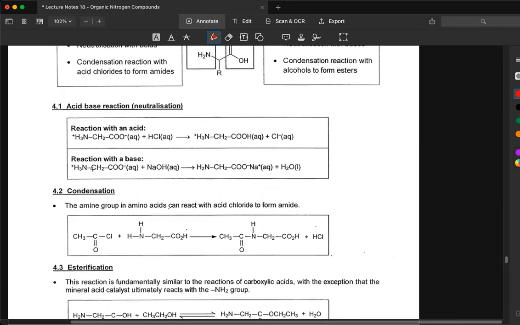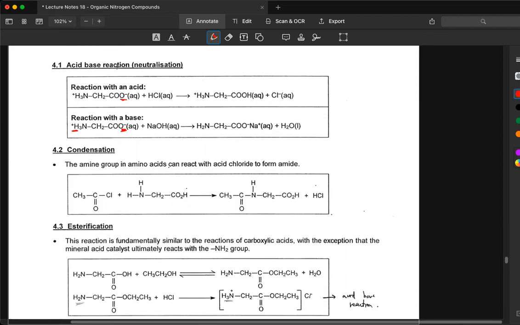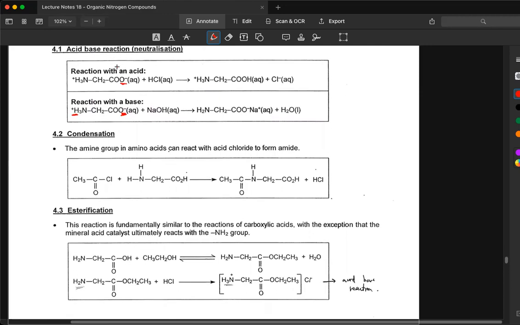For the base, this part here reacts to form the Na plus and NH2, H2O form. The amine group in the amino acid can also react with acid chloride to form amide, all right?